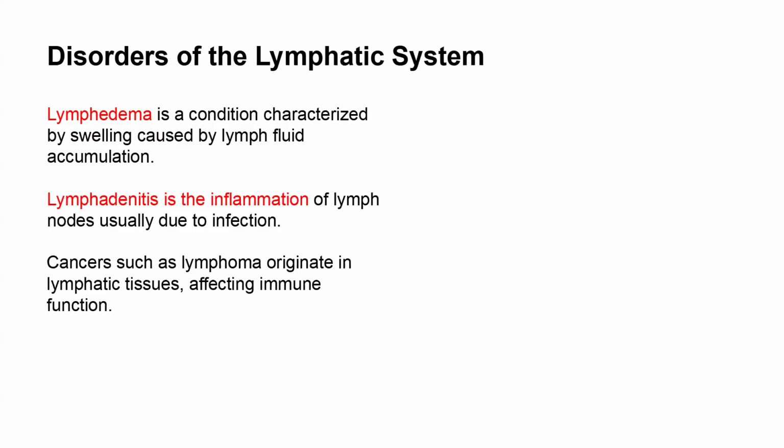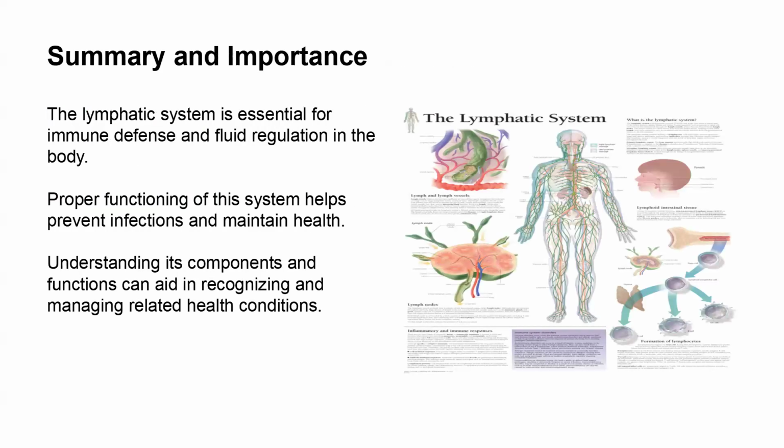Cancer such as lymphoma originates in lymphatic tissues, affecting immune function. So you see here, there is lymphoma, lymphadenitis, and lymphedema. These are examples of the three disorders that are associated with the lymphatic system. So the next thing is summary and importance.